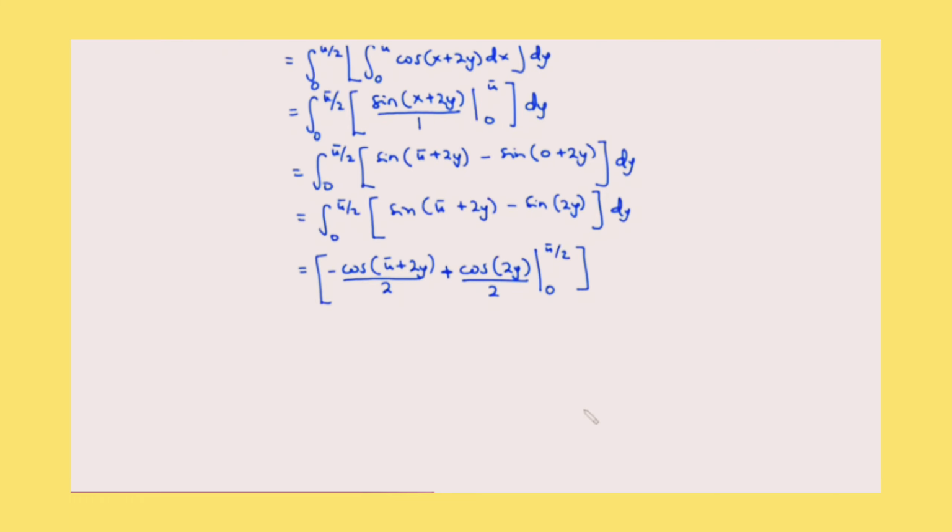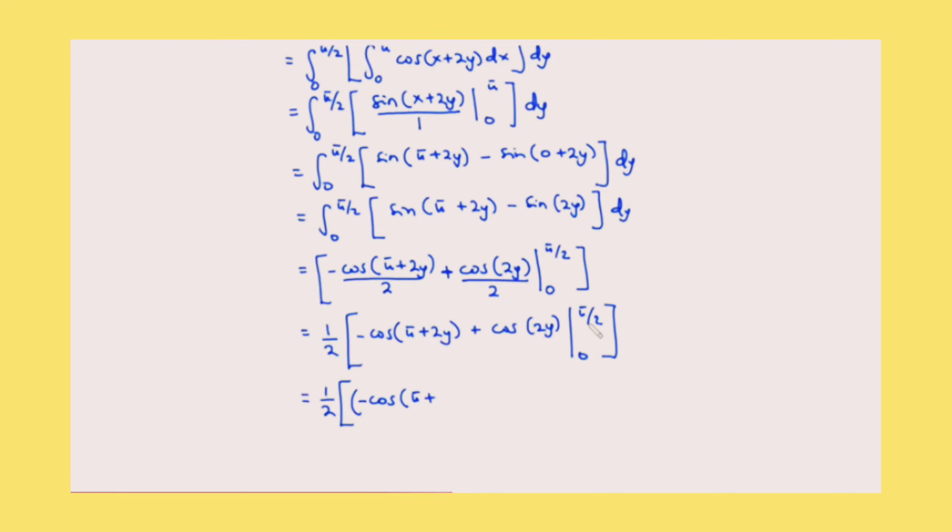Now let's evaluate this. We are going to pull out the constant, which is 1/2 for each of the two terms. So on the outside we have 1/2, and then in brackets we have negative cos(pi + 2y), plus cos(2y), from 0 to pi/2. Next we are going to input both the lower and the upper limits into this function. So we have negative cos(pi + 2y).